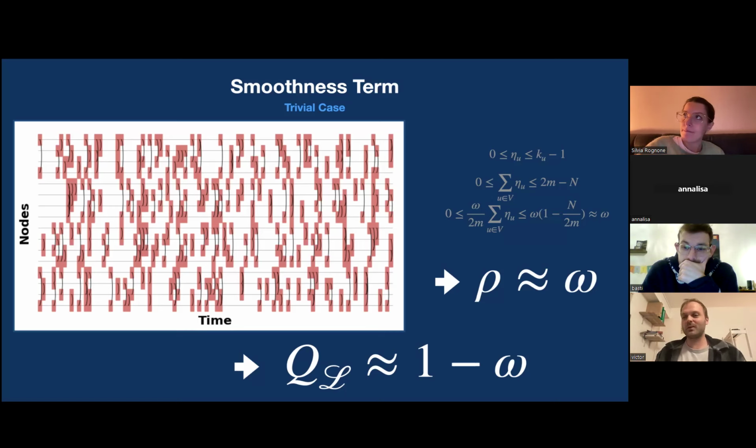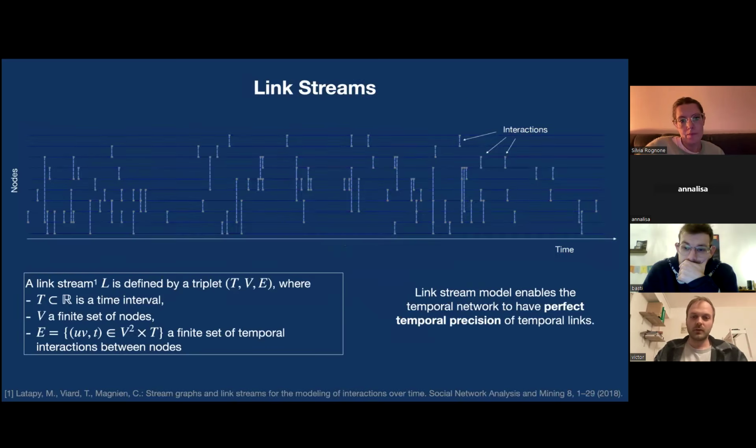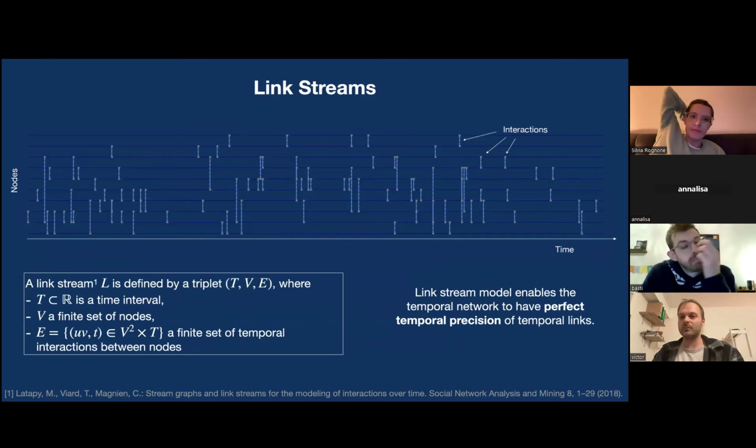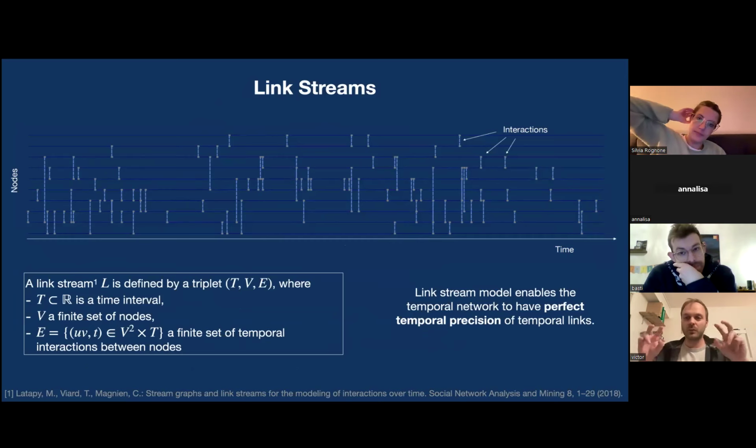The question is always the same for me, I guess: how do you choose your granularity? Because if you consider this type of representation, what would be the modularity when there are no interactions? Modularity is a very famous formula, but it also has a lot of drawbacks, especially when the network is a bit degenerated.